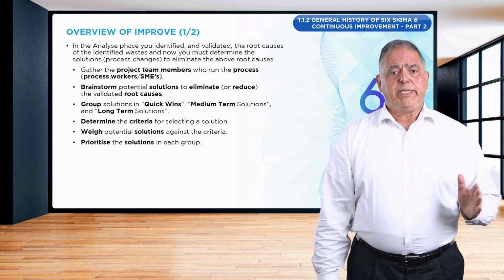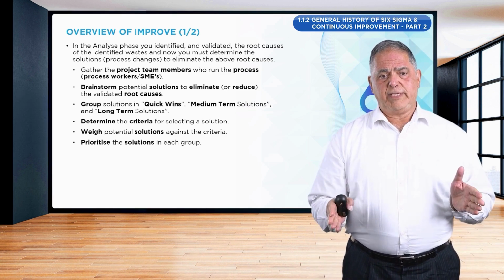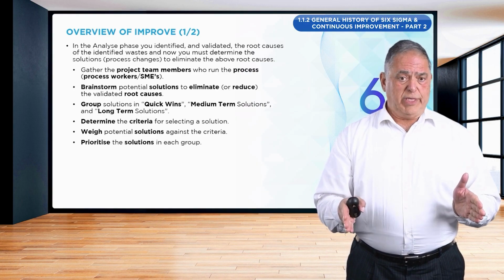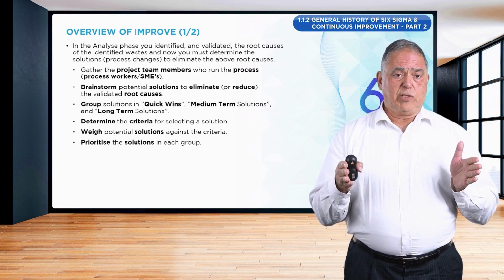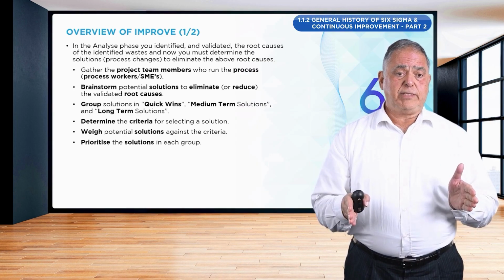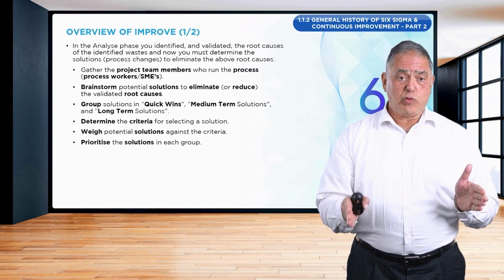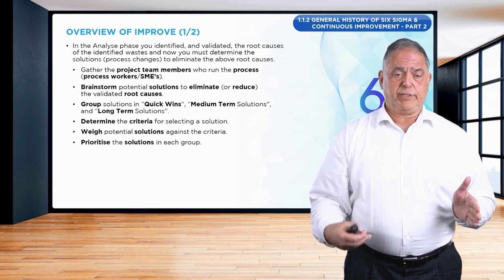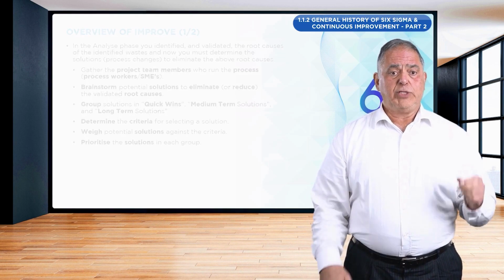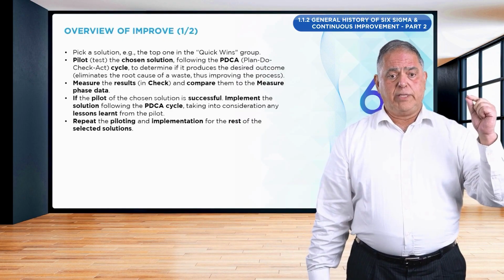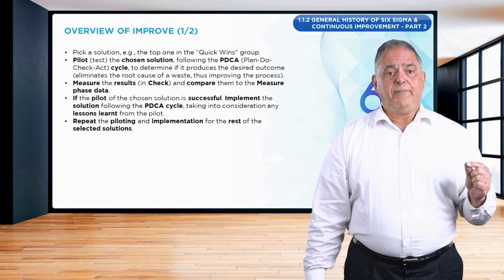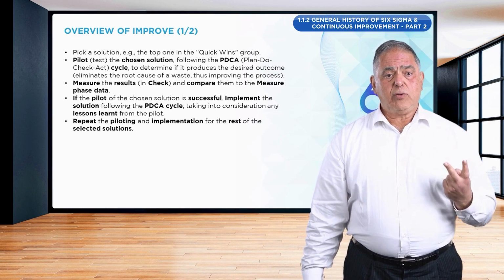Now, typically we have sufficient time to focus on the quick wins, because this is where we have enough time and resources to change the process in order to improve it. So we pick up the top solution in the quick wins and we carry out 2 steps.